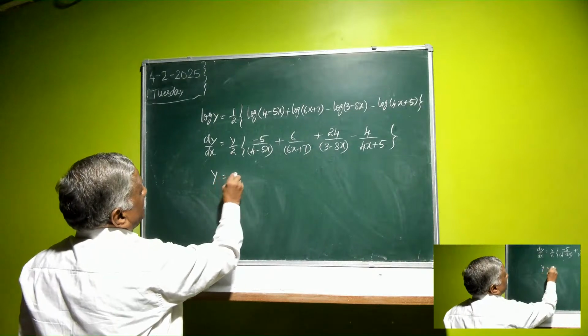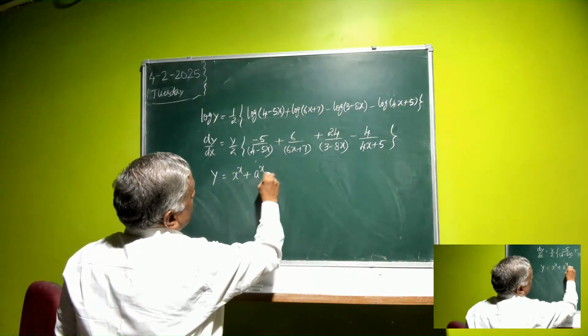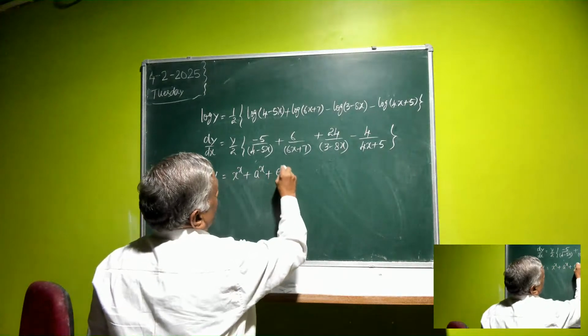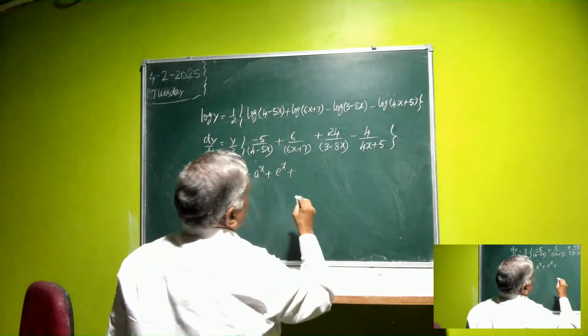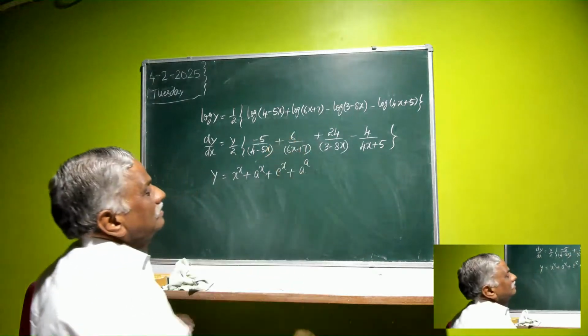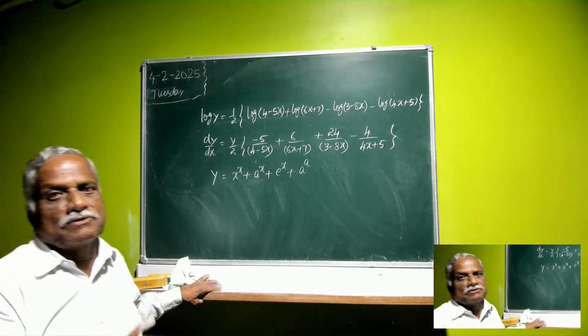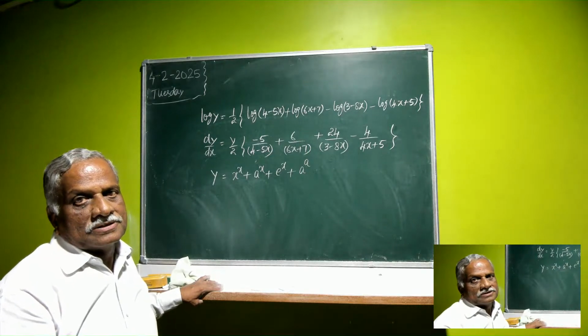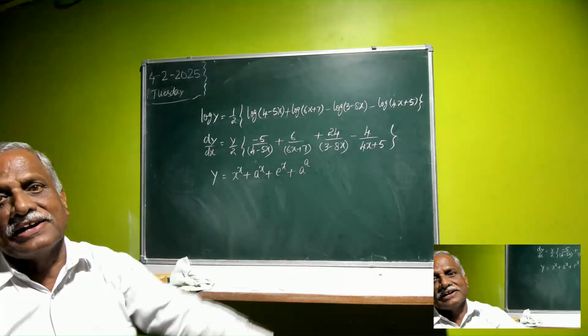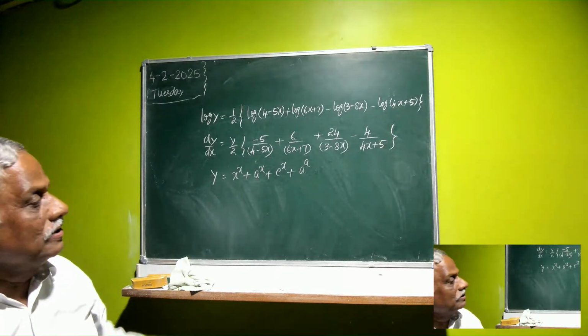If you are given a problem, x to the power of x plus a to the power of x plus e to the power of x plus a to the power of a. Supposing a problem like this is given, normally they ask this for 1 mark. The moment they see it, students think that they can apply log on both sides. No, definitely not.